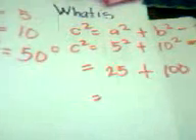The square of 5 is 25, plus 10 squared is 100, then minus 2 times 5 times 10 times cosine 50 degrees. Then we have to add 25 plus 100 minus 2 times 10 times cosine 50.